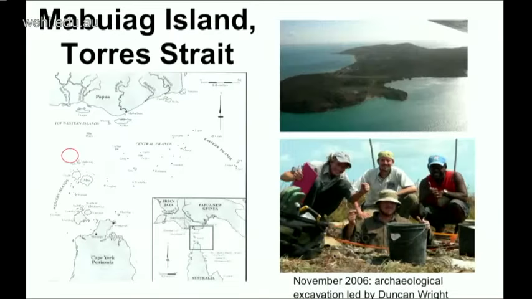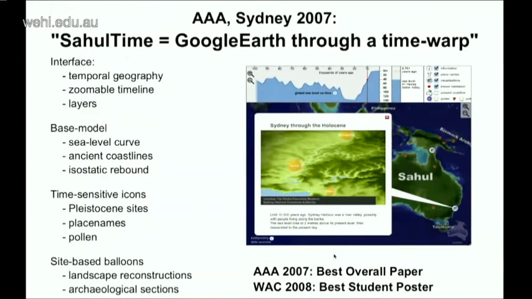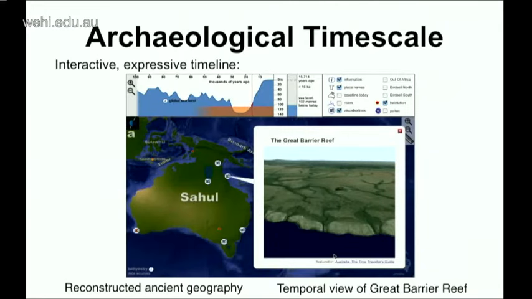just to mention, the whole thing started actually as a project in archaeology, which led to me building this, which I launched about 10 years ago now, which is basically a way to go back through Australia, both looking at the whole of Australia and how it's changed back to the time when there was a land bridge, and also correlating that with images through time of places like the Barrier Reef.